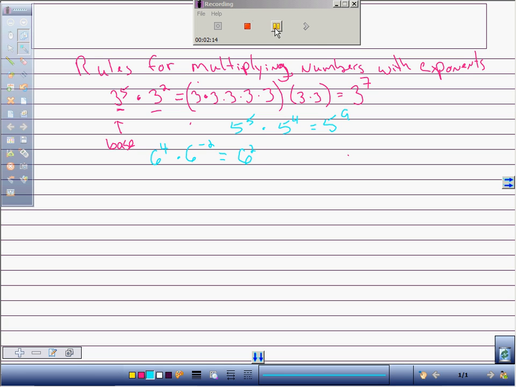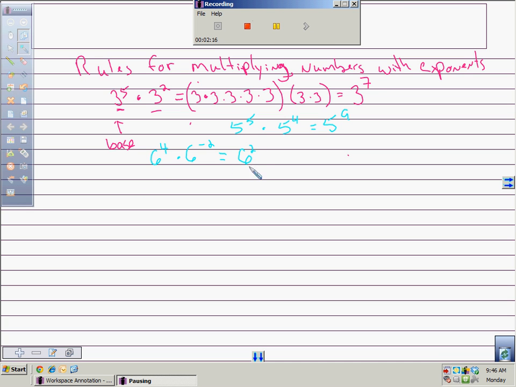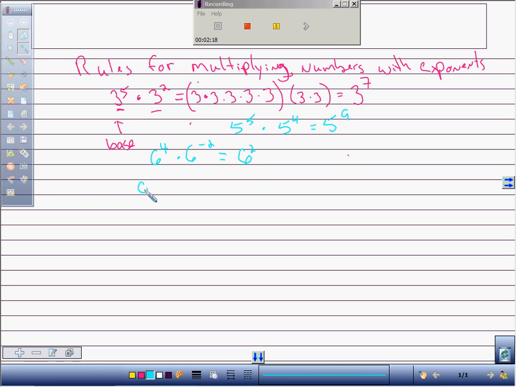I wanted to show you why this is true. If you remember from the very first section, how could I rewrite 6 to the negative 2? 1 over 6 to the 2, right? So this means 6 times 6 times 6 times 6 over 6 times 6.